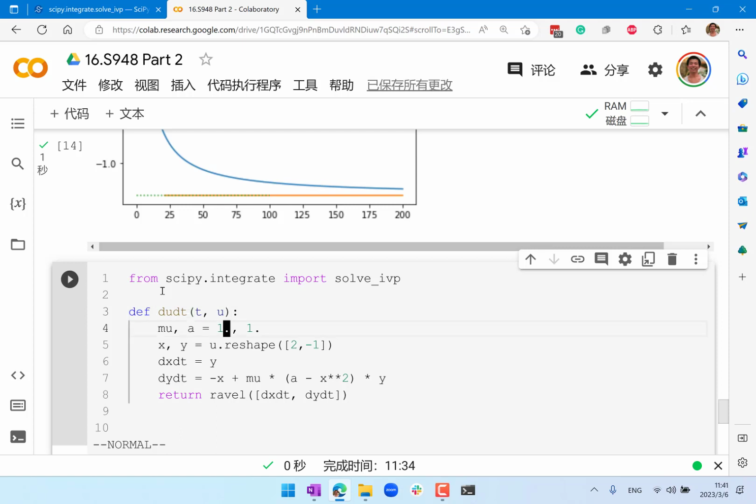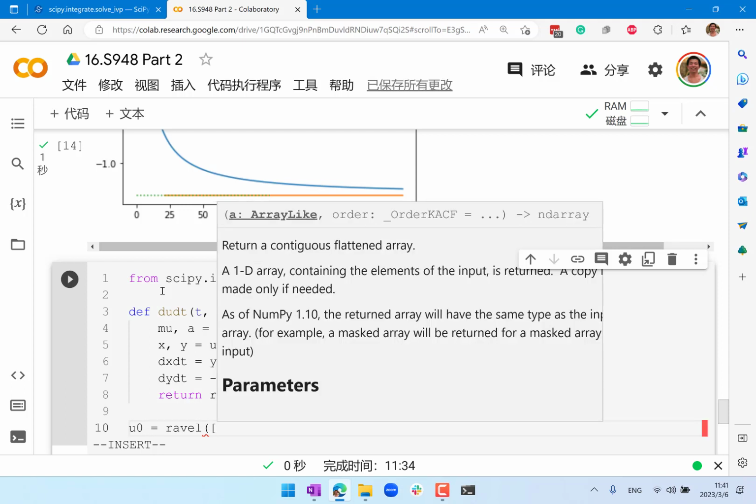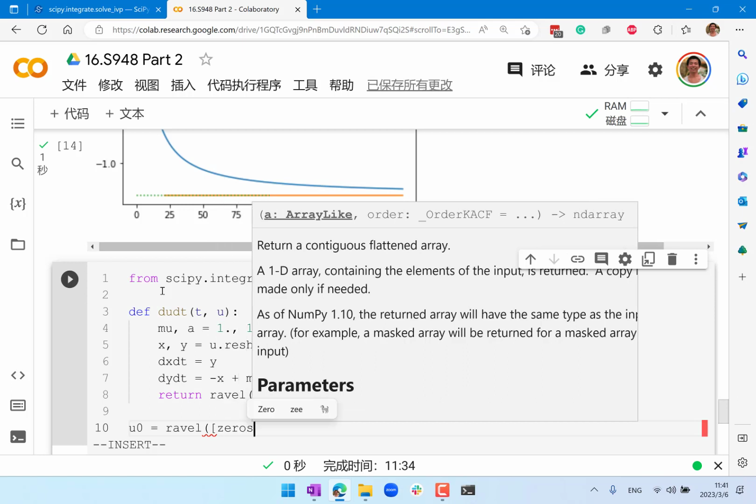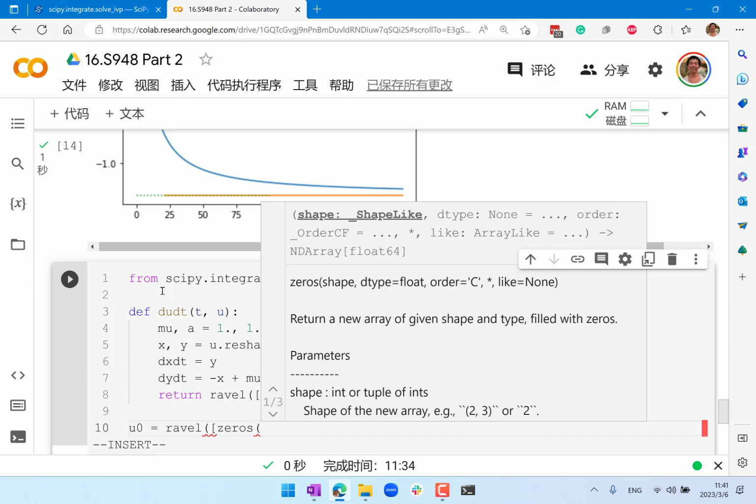So what we are going to be doing is basically the same thing as before. Let's first compute the trajectory. Let's say u0 is equal to a ravel of the x, again equal to 0. n.